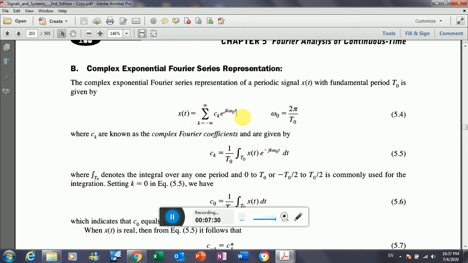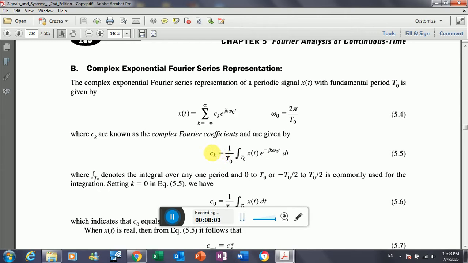So in the end, if we add all the harmonic components, these are called harmonic components, C1, 2, 3, 4, 5, 6, and C0, -1, -2, -3, -4 up to -infinity. So k equal to -infinity to +infinity, these are called all the harmonics of x of t, and we collect all the harmonics by summation. The summation goes from -infinity to +infinity.